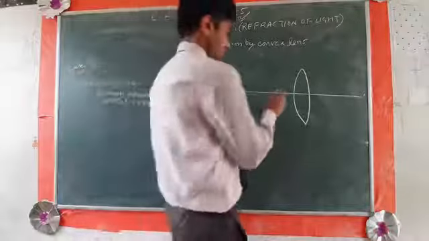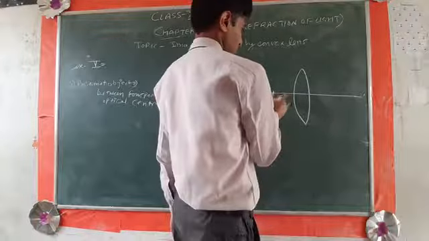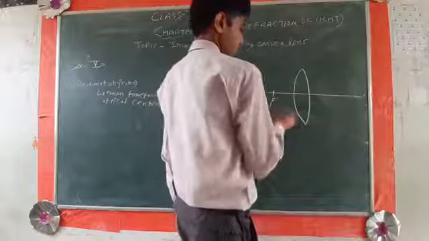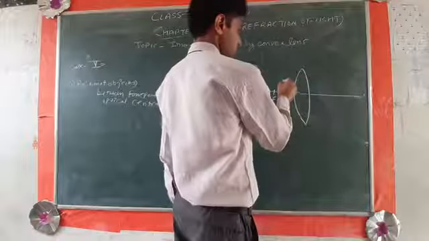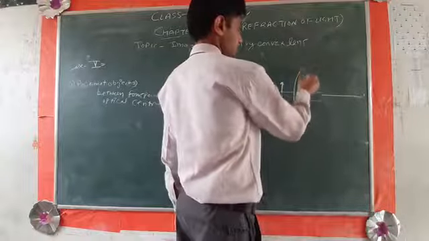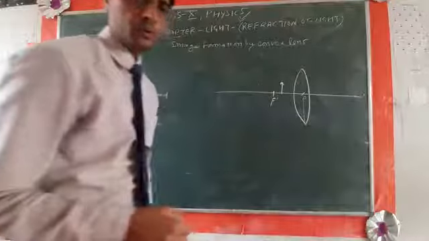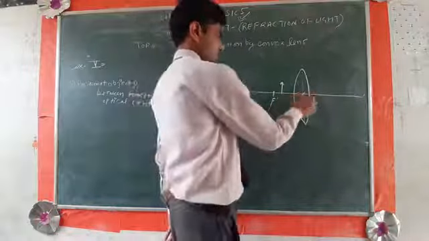It means that this is F, and the object is placed between the optical center O and the focus point.